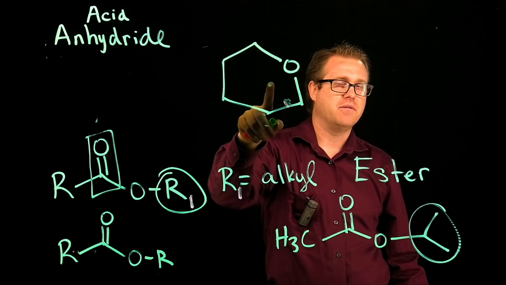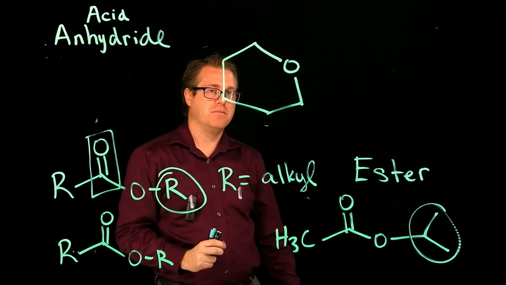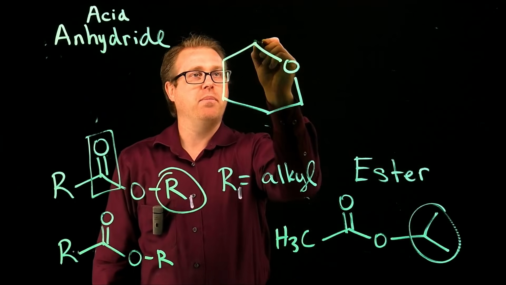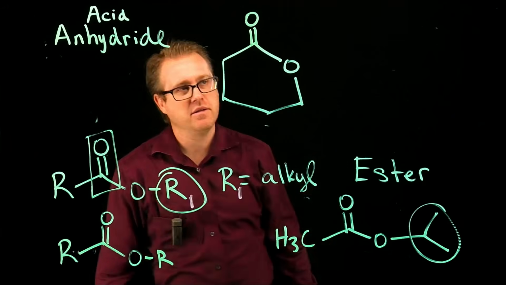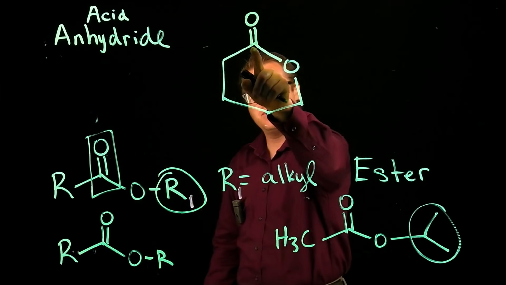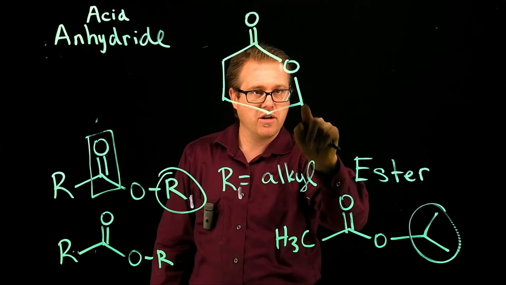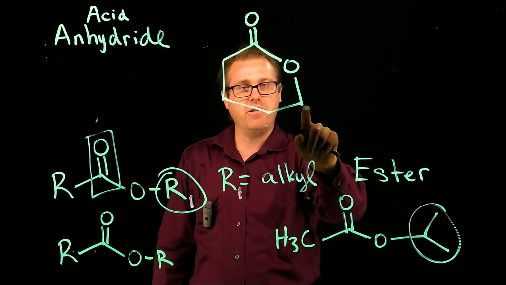What do you think? That drawn there is an ether. But the moment I put a carbonyl on it, and that oxygen is directly attached to the carbonyl, and then directly attached to this oxygen is a carbon, which is an alkyl group.